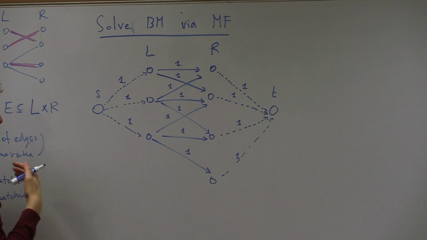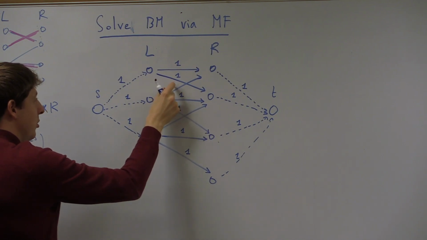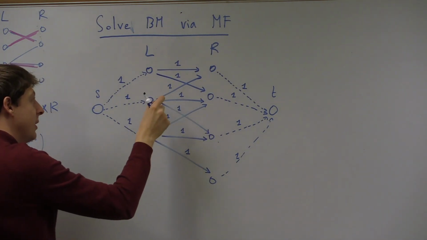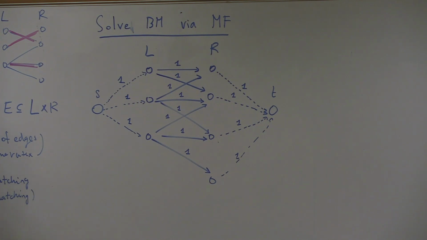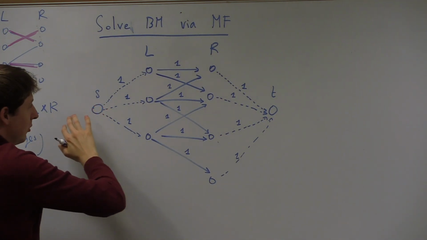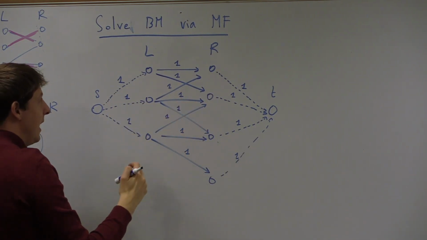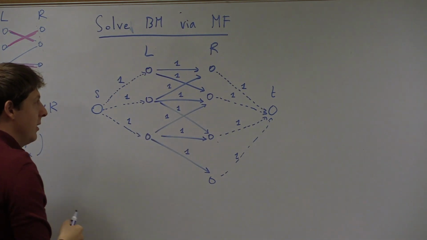Now, hopefully it will not get split, but if it doesn't get split across these different edges, then we can interpret that unit of flow as a choice, as saying, please take this edge and put it into the matching. And intuitively, if we're able to push many units of flow from S to T, then that would select more edges in here, right?